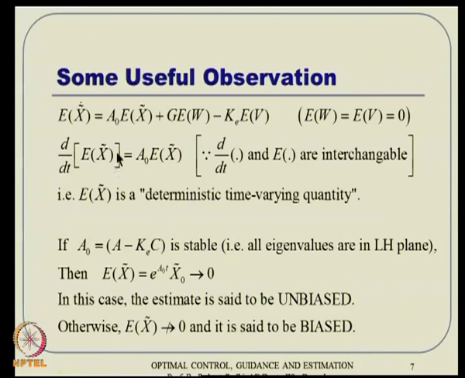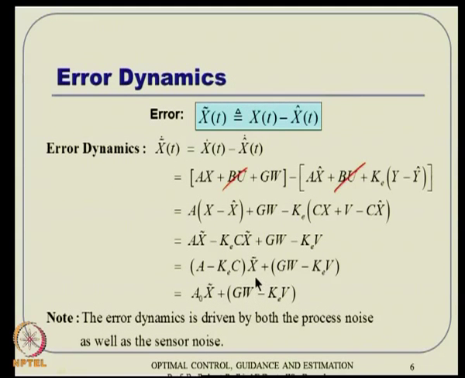So it turns out that the dynamics in the expected value sense, d/dt of the expected value of x tilde, is nothing but A naught times the expected value of x tilde. That means the expected value of x tilde is a deterministic time varying quantity now. A naught, remember, is defined as A minus KC.